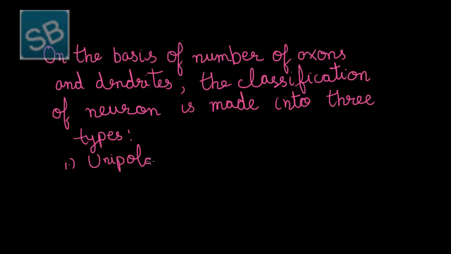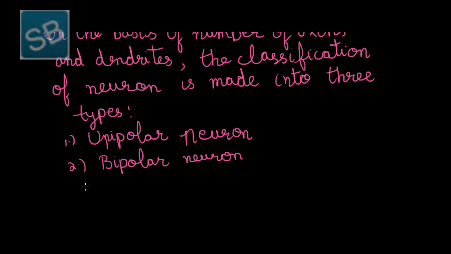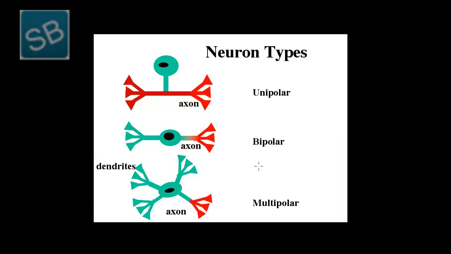First is unipolar neuron, second is bipolar neuron, and third is multipolar neuron. This figure depicts the three types of neuron.